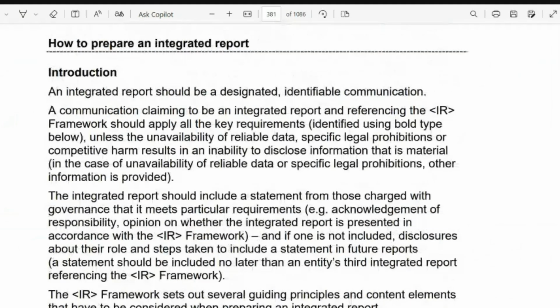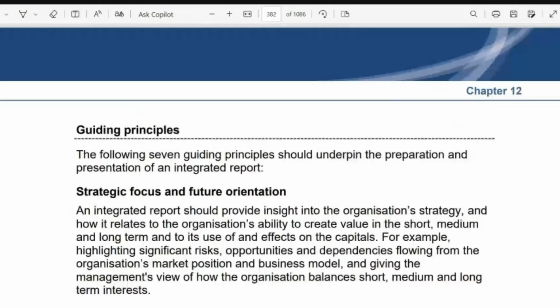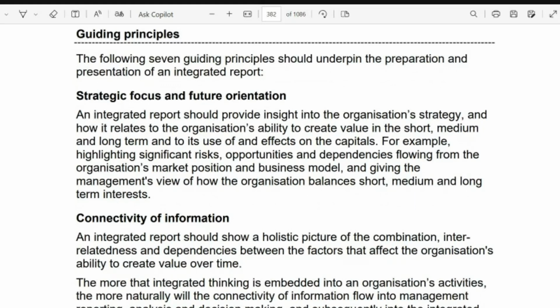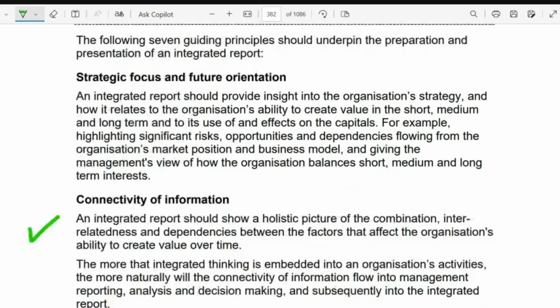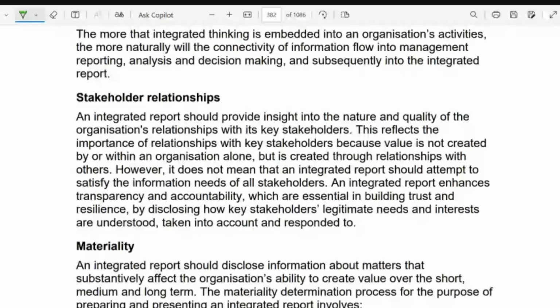This is important: how to prepare integrated reports. Students, just go through and memorize, remember these points. Materiality is important.